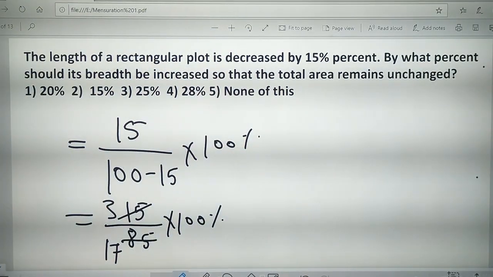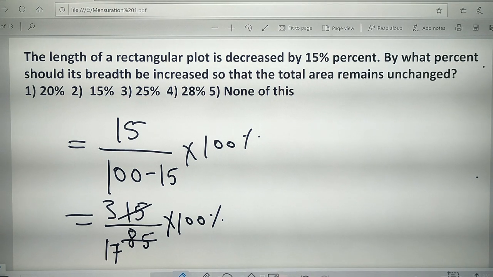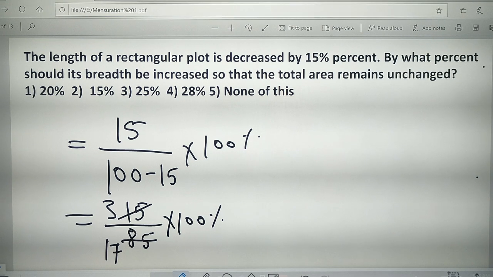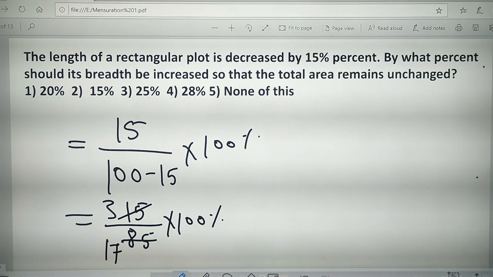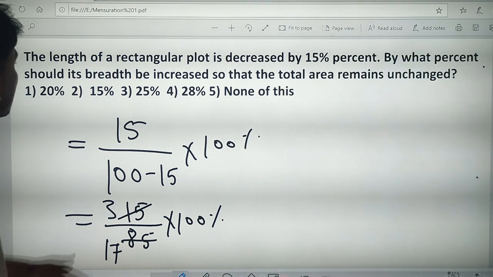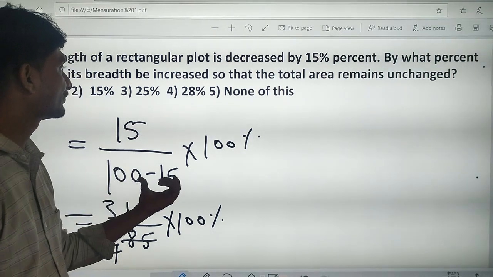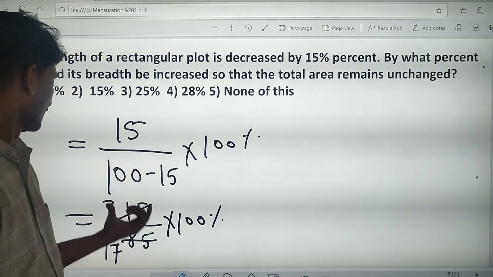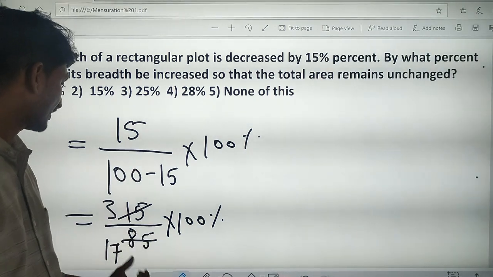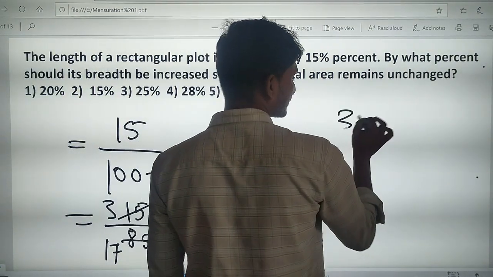The length of the rectangular plot is decreased by 15%. By what percent should the breadth be increased so that the area remains unchanged? Then 15 divided by 100 minus 15 into 100%. Then here 300 divided by 17%.